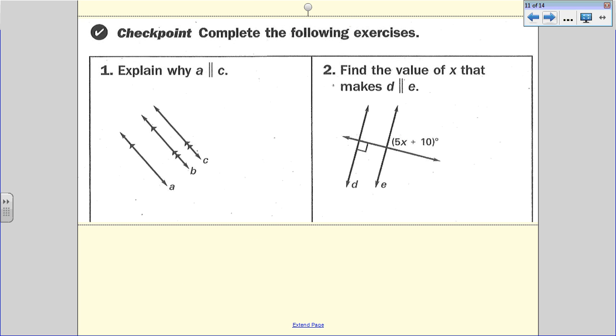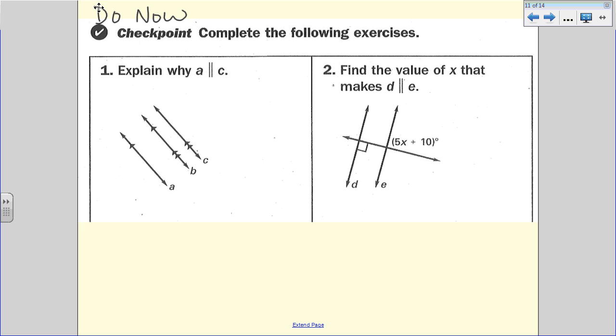So explain why A is parallel to C. I want you guys to do now, but what I want you to do is name the theorem.